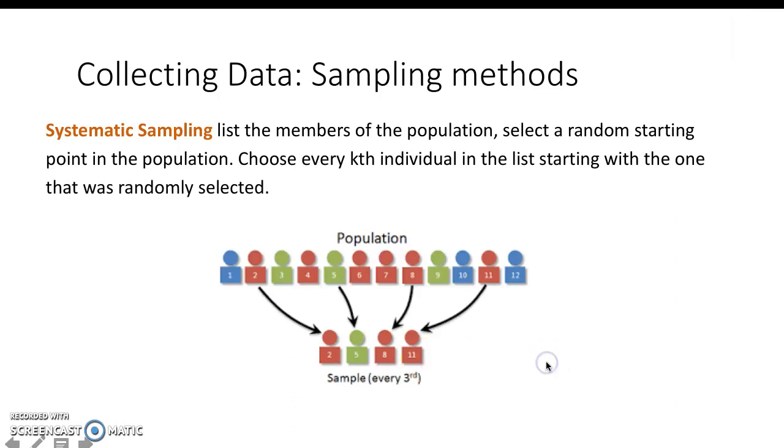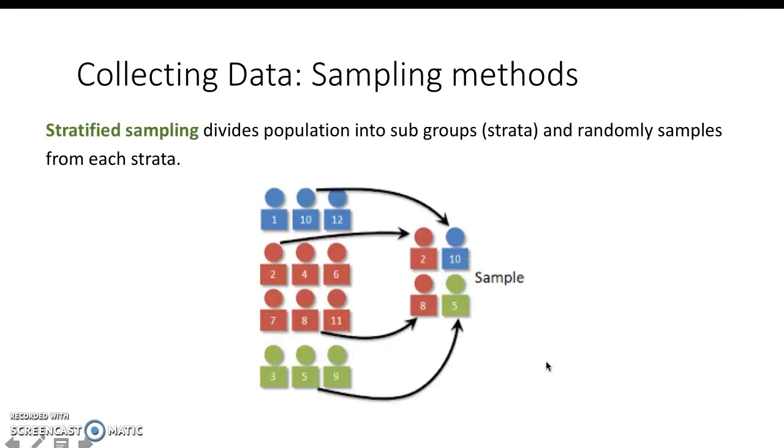Okay, the next kind is stratified sampling, where we divide a population into subgroups or strata, and then randomly sample from each strata. Now, the key thing about strata is that they are chosen so that members of the strata all share a characteristic.